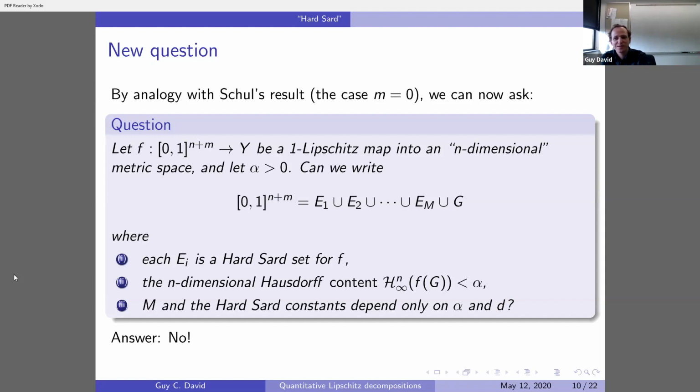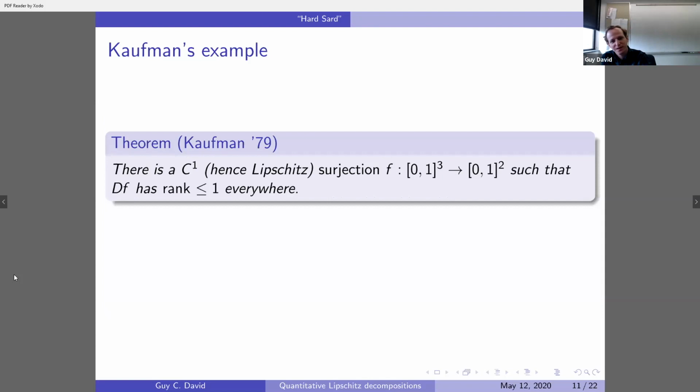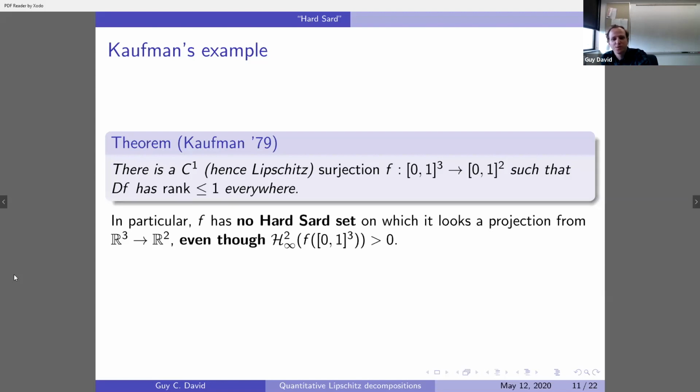And the reason you cannot do this is because of this old construction of Kaufman. Kaufman gives an amazing example of a C1, although for our purposes, Lipschitz is good enough, a C1 surjection from the unit cube in 3 dimensions to the unit square in 2 dimensions, whose derivative has rank at most 1 everywhere. And if the derivative of this mapping has rank at most 1, then it cannot have a Hardside set.